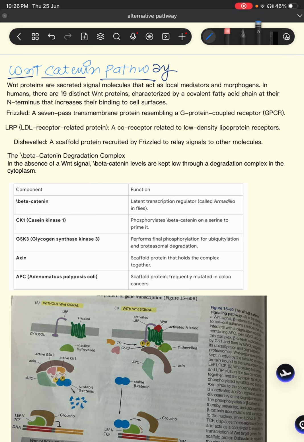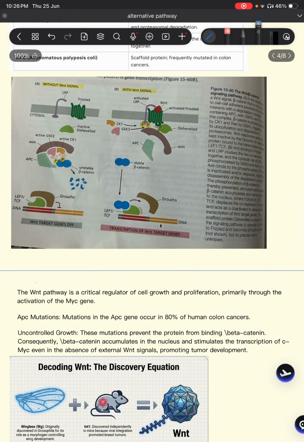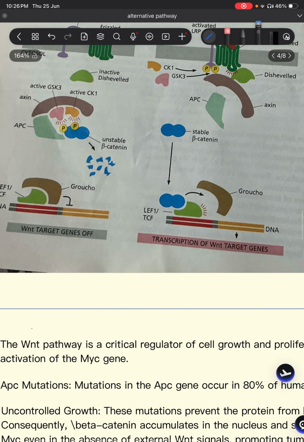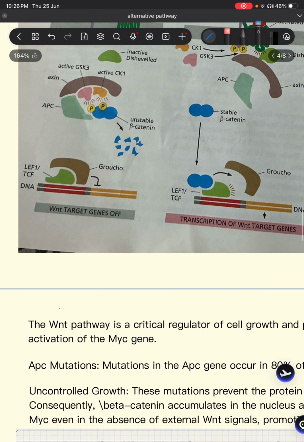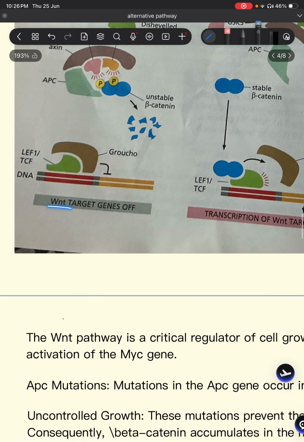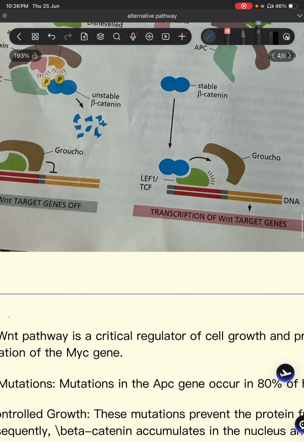A few things that you need to understand: it is very similar to Notch, right? First, there is a repressor, which is Groucho. This Groucho sits in the specific domain and the genes are in a switched off position.